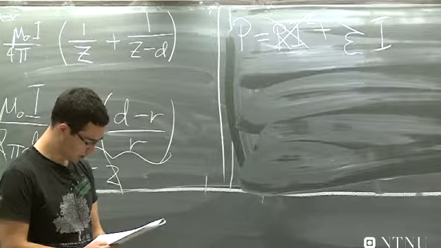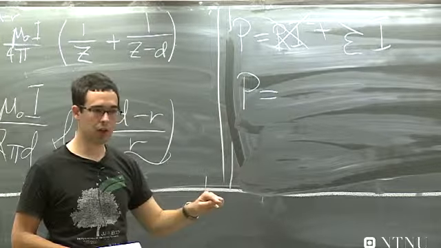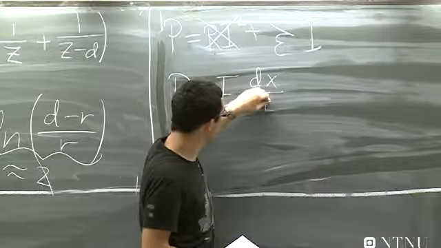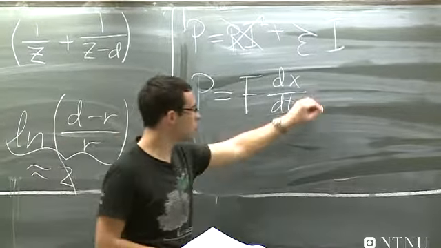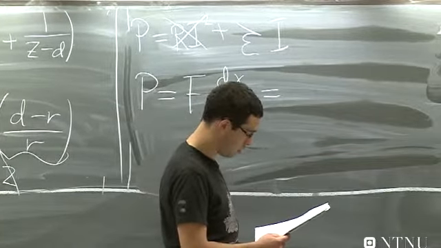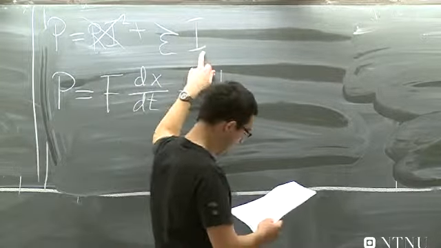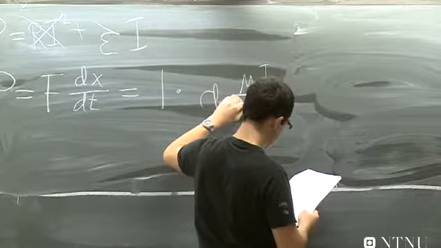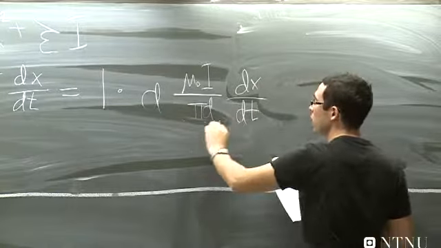Okay. And then I can write this down in the following way. The power developed is, of course, the force times the velocity. The force on an object times the velocity of the object. That's basically Newtonian mechanics, so you all know that from before. And that's equal to epsilon I. Let's see, and I write that down as I, that's this I, and then it's d times mu naught I over pi d, dx dt.